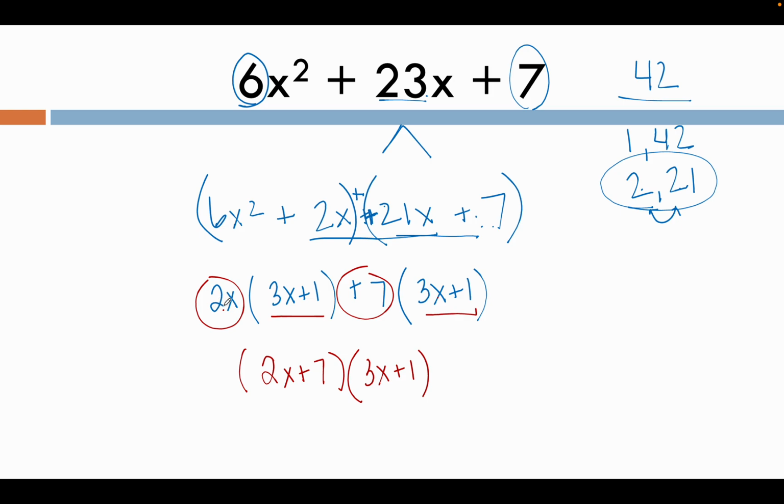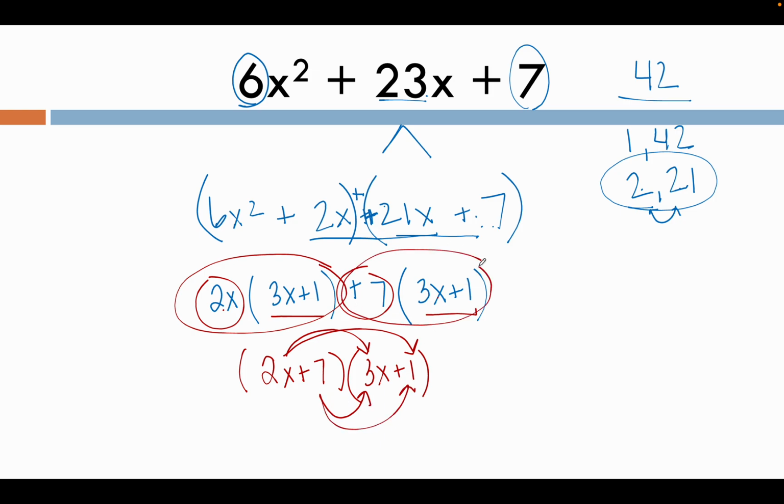Because if I'm multiplying 2x by 3x plus 1 and 7 by 3x plus 1, essentially that's what we're doing when we are doing the FOIL method. If I were to start with this answer of 2x plus 7 and 3x plus 1, I would be multiplying 2x times 3x and 2x times 1, which is this right here, and then 7 times 3x and 7 times 1, which is this quantity right here.